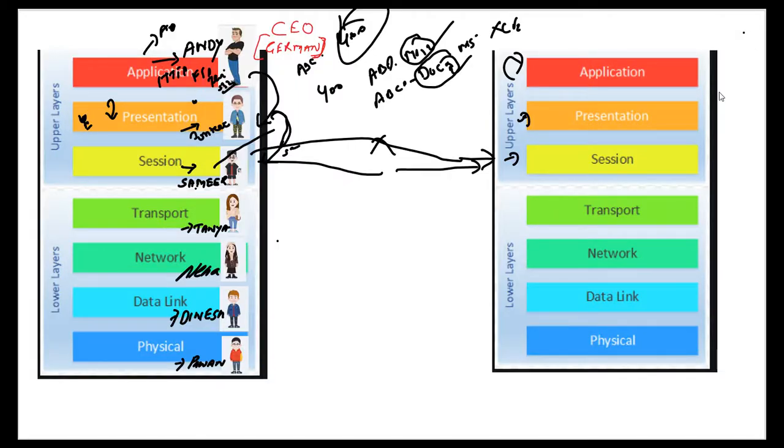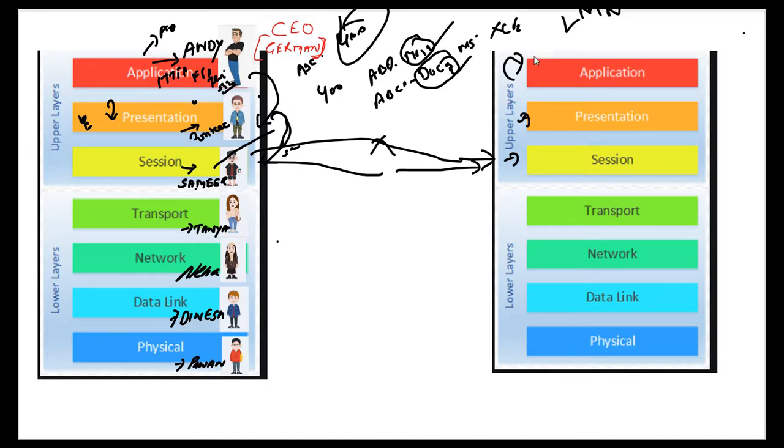Another job of the session layer is to keep all the sessions separate, right? Suppose Andy has given 400 papers to give to ABC company, ABC organization, and after that, he gave 200 papers to give to LMN company, right?